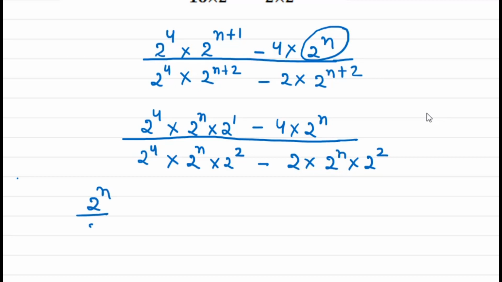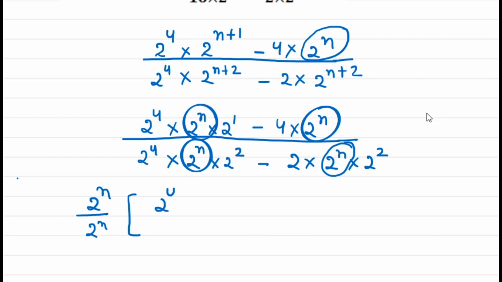Now we will take 2^n common from the numerator as well as from the denominator. Now here this part gone, this part gone, this part also gone, this part also gone. So what we will write with the remainder is 2^4 into 2 minus 4 divided by 2^4 into 4.